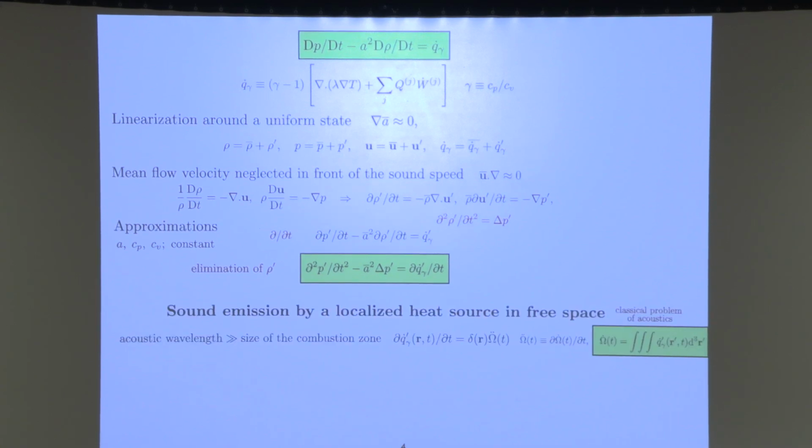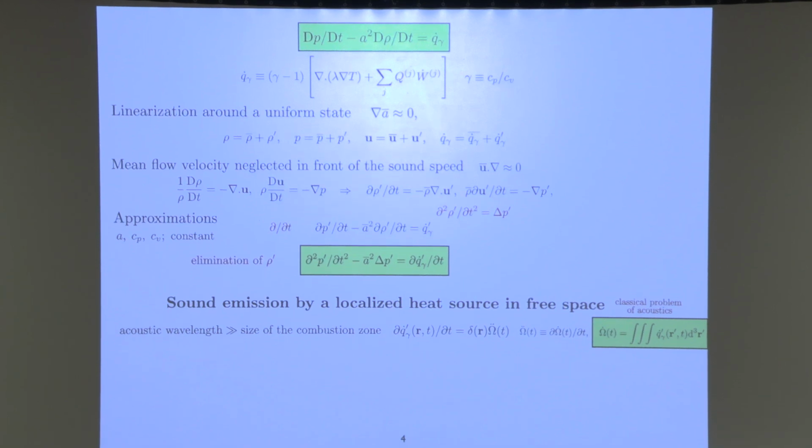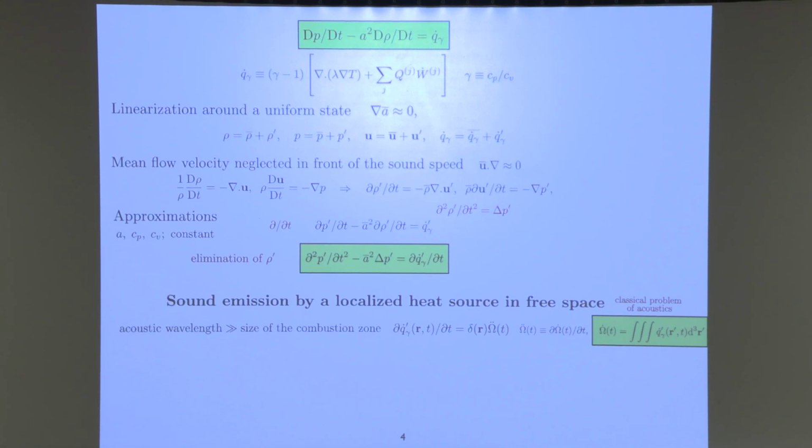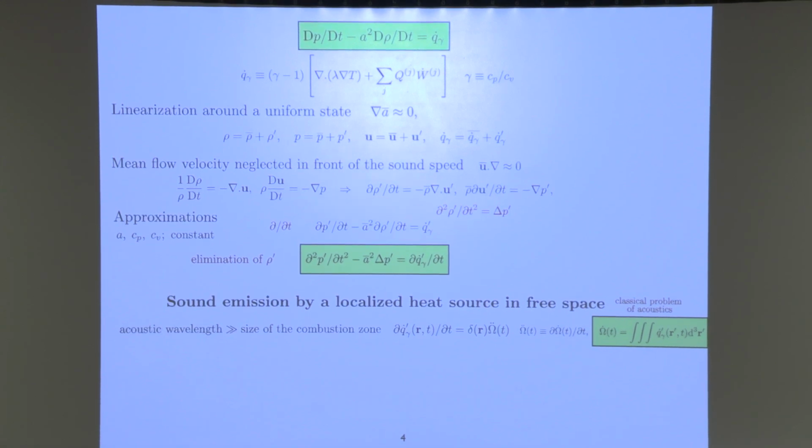And this equation is very useful also if you consider the noise generated by a heat source in free space. For example, it could be a turbulent flame anchored to a Bunsen burner. So you have a fluctuation of the heat release at one point, and you want to know what is the sound emitted from this source.